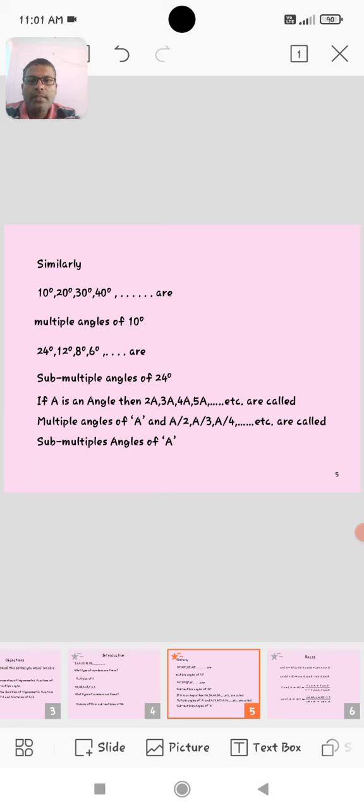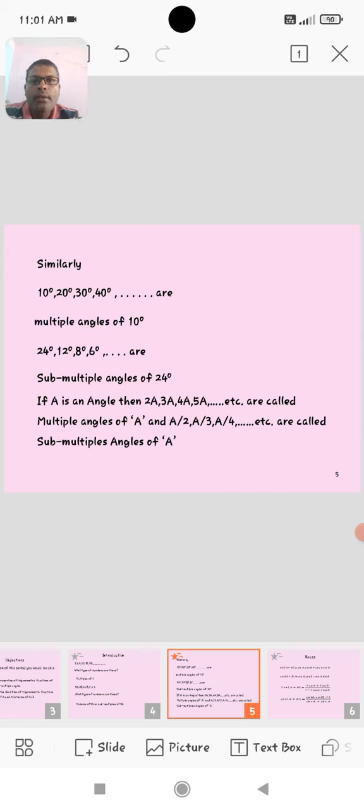So if A is an angle, then 2A, 3A, 4A, 5A, etc. are called multiple angles of A, and A by 2, A by 3, A by 4, and so on are called submultiple angles of A. You have to remember this definition.